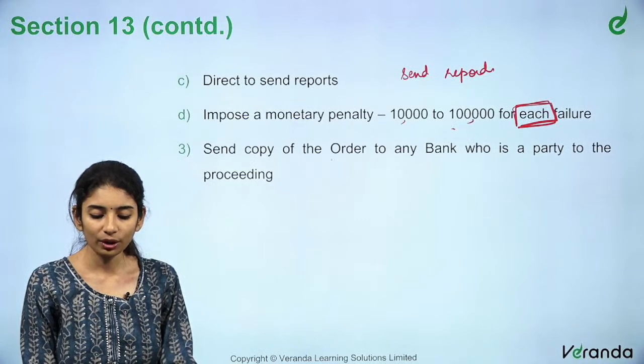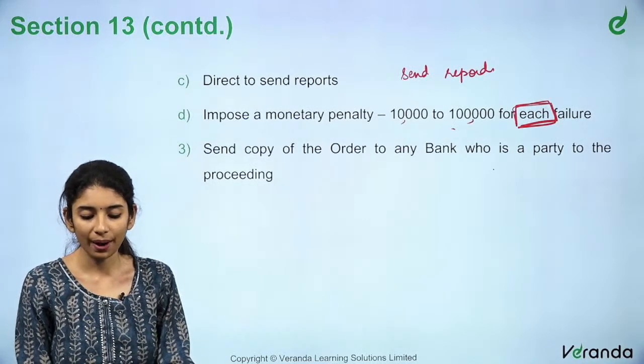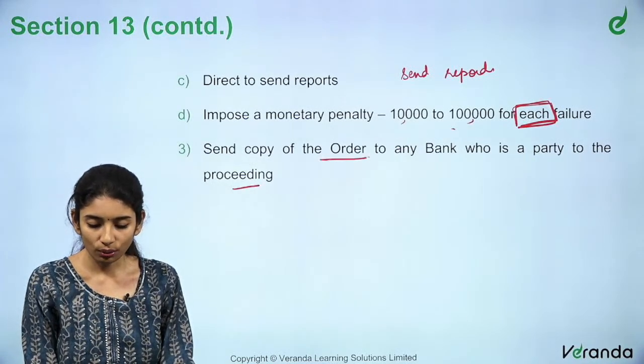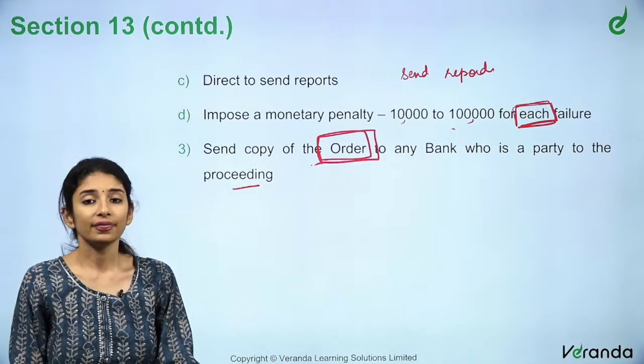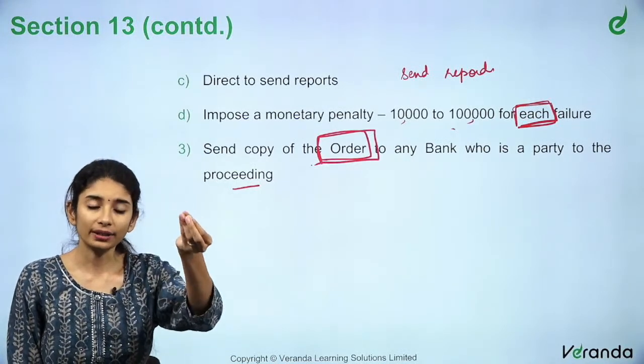Third one, send copy of the order to any bank who is a party to the proceeding. So this order that I will have, I will also send to the other party who is involved.